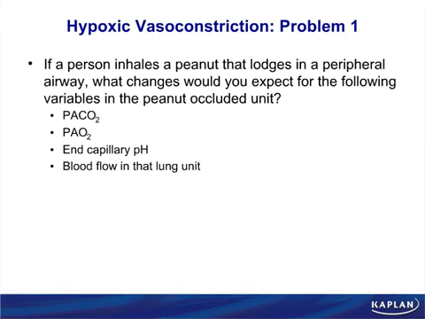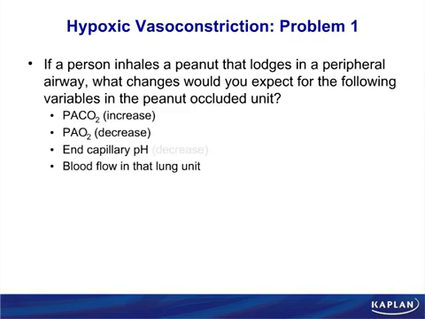This is going to be VQ 0, a shunt. As VQ goes down, CO2 goes up. As VQ goes down, PO2 goes down. It is under-ventilated. Since CO2 is going up, CO2 is an acid, so pH goes down.